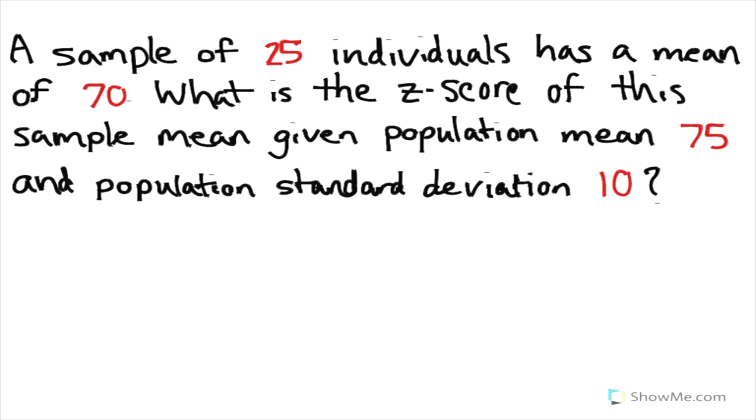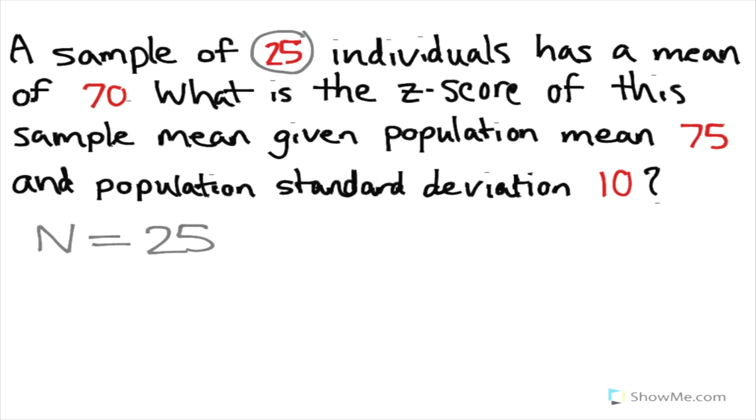So now we'll look at a new question, and we're told that a sample of 25 individuals has a mean of 70. What is the z-score of this sample mean given population mean 75, population standard deviation 10? So now we have a value 25, and that is our sample population size.